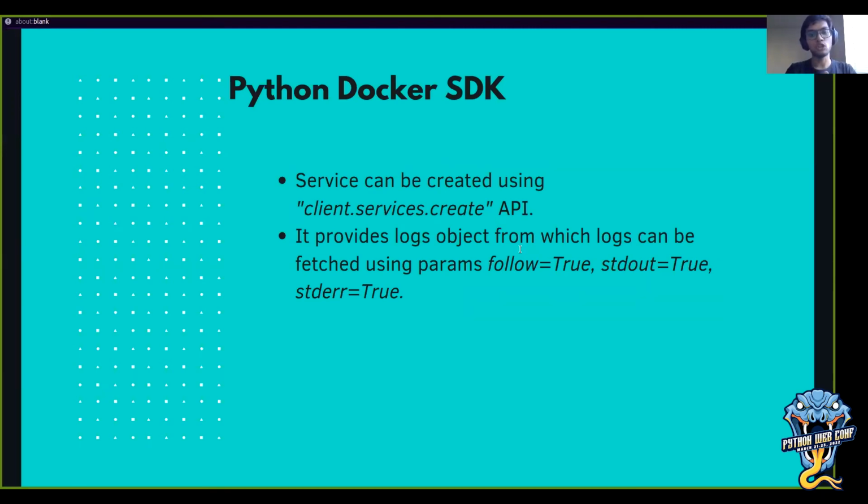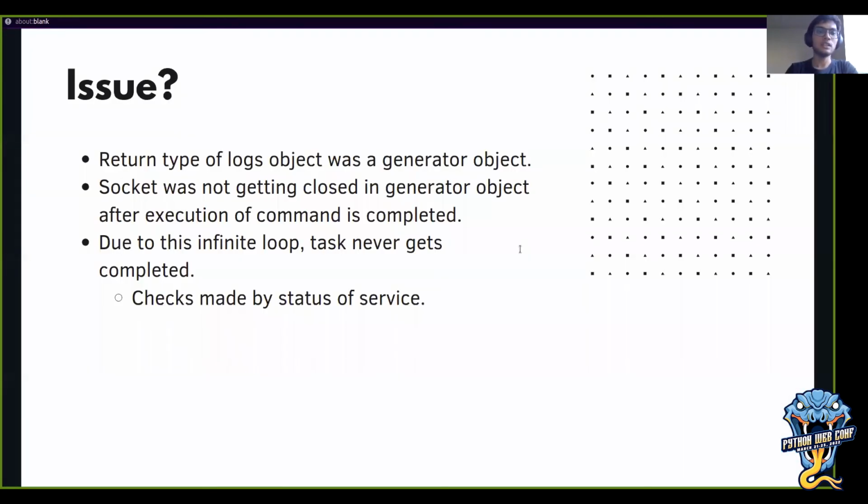Using that log object, the logs can be fetched with this specific set of configurations: follow, stdout, and stderr. But in this implementation also, there was one issue. The issue was that the return type of the log object was a generator object, and this configuration kept the connection open to read the logs in near real time.